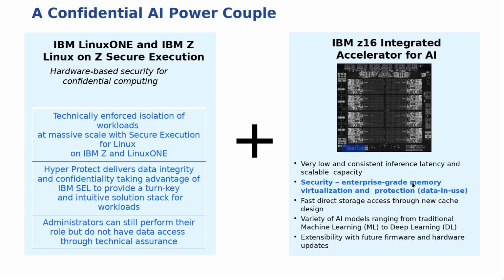Now, the beauty is that secure execution does, in this case, not require you to attach an extra PCI-based AI accelerator. We can conveniently use our AI instructions, which are part of our Telum processor. They are located somewhere here on the chip, and they are executed as mere opcodes inside a KVM guest or inside a secure guest. And therefore, they can be readily used.